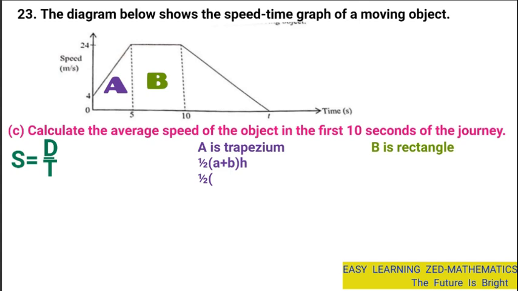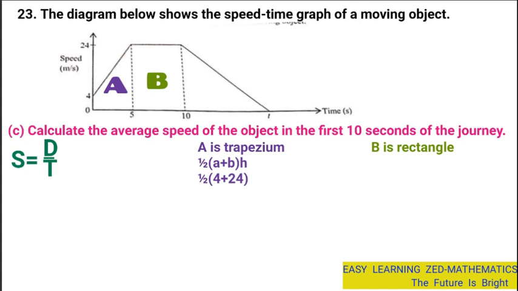Then plus B, which is on the middle line going up to 24, the line at 5 seconds going up. So plus 24, multiplied by the height. The height is 0 to 5, so that is 5.